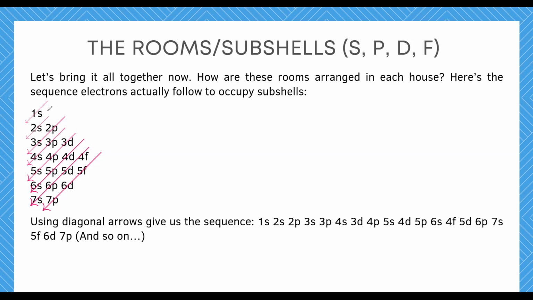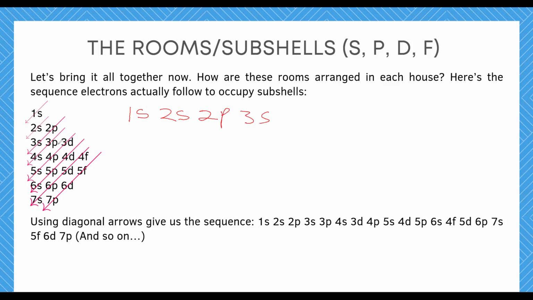All right. So for arrow number 1, what does it touch? It touches 1s, right? Yes, sir. For arrow number 2, what does it touch? 2S. Arrow number 3, what does it touch? 2P and 3S. Thank you. I'm writing 2p and 3s.